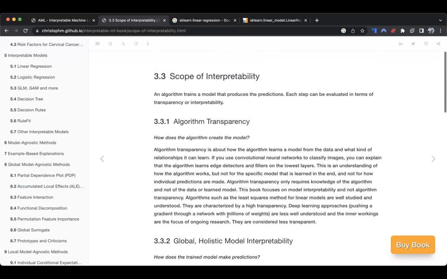For algorithm transparency, if you are going to provide transparency for your algorithm, then the code for it can be as complicated as possible, right? Your Netflix recommender system might have millions of lines of code. So algorithm transparency is not an easy thing for a human being to understand.